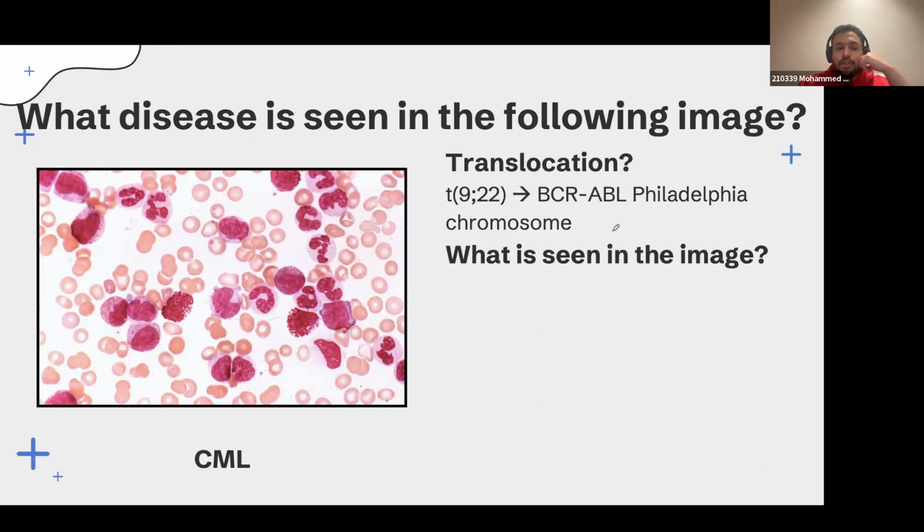Okay. If there's CD20 positivity, you treat it with rituximab, which is an anti-CD20. Imatinib is a tyrosine kinase inhibitor, so you treat CML with imatinib. And it's just a random question I ask about rituximab. Okay, what is seen in this image?